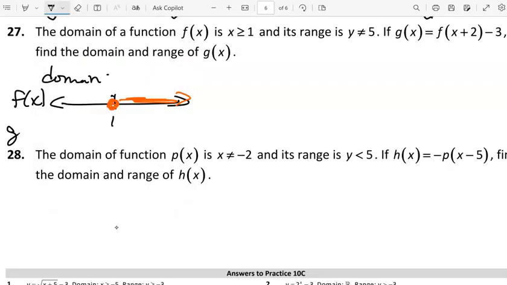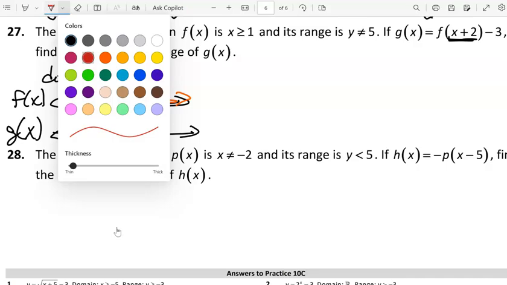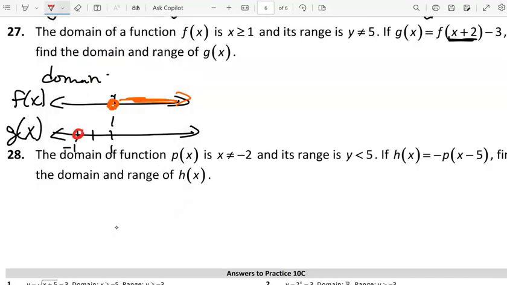And then for the function g of x, which is a transformation of f of x, the horizontal transformation is a movement left 2. So if we move left 2 from 1, that gives us -1 on the number line. And if I translate that shading left 2, then x must be greater than or equal to -1.